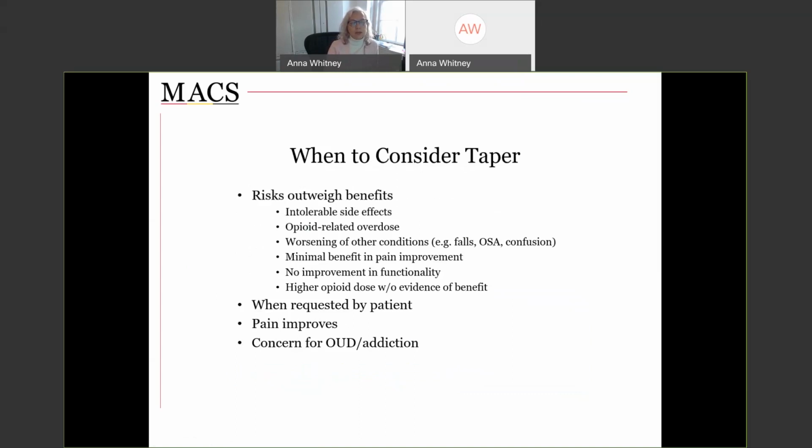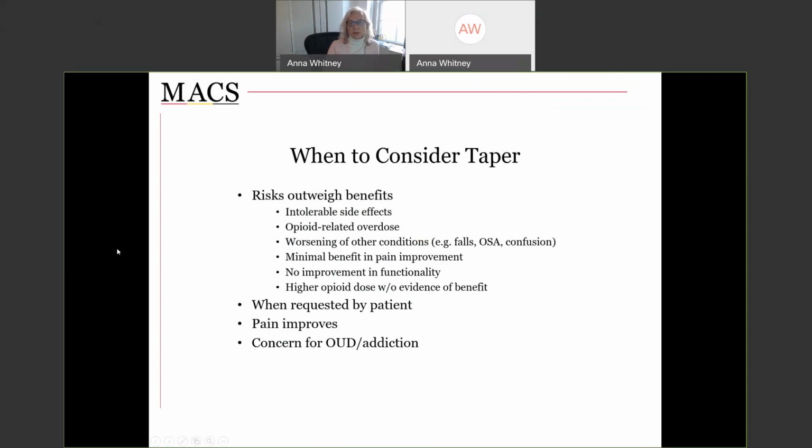And really, what the guidance now discusses is doing a risk benefit assessment on a regular basis in somebody who is being prescribed chronic opioids or persistent opioids for longer than 3 months continuously, and really weighing the risks against the benefits. And when the risks seem to outweigh the benefits, that may be a time to really consider a taper.